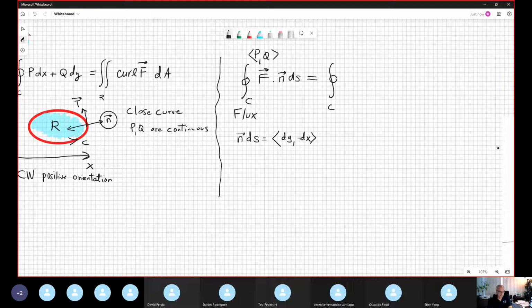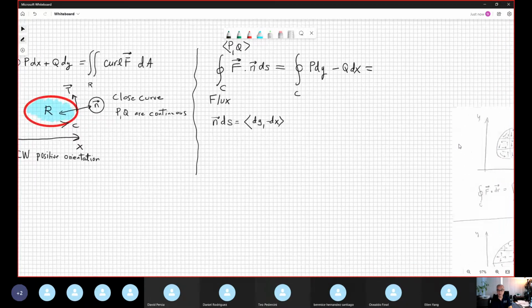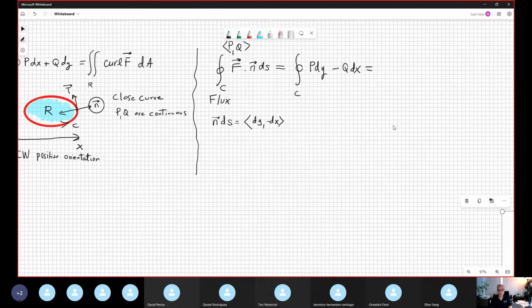Is P dy minus Q dx. This formula you saw before in the other class, no? We will practice a little bit of examples of this.